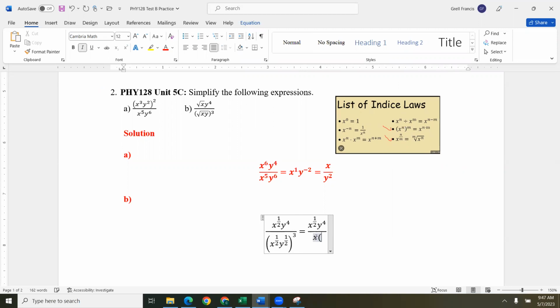A half times 3 is 3/2. And the same goes for y raised to the 3/2.